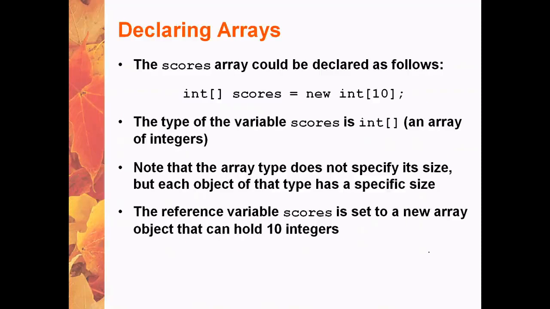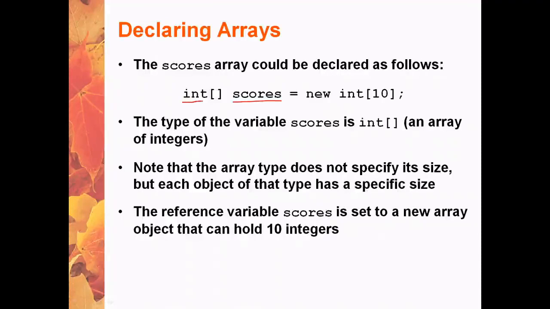Okay, let's see how an array can be declared in Java. The scores array could be declared as follows. So this is the declaration of an array in Java. We have the type, array brackets, and the name of the array. This is a typical declaration of an array.